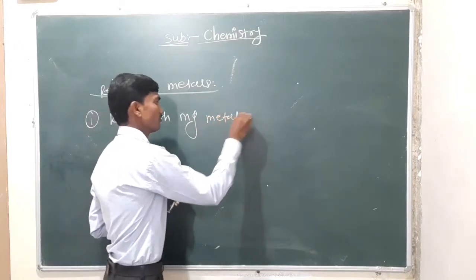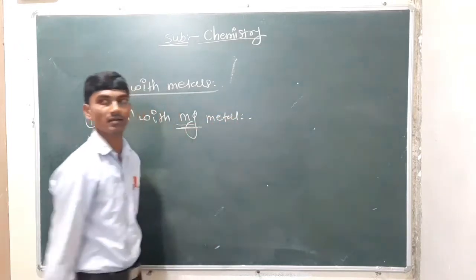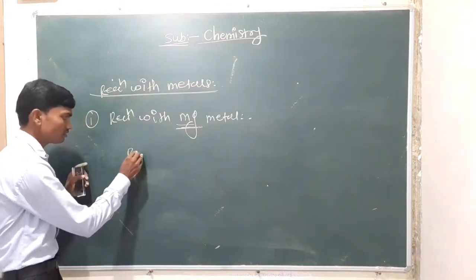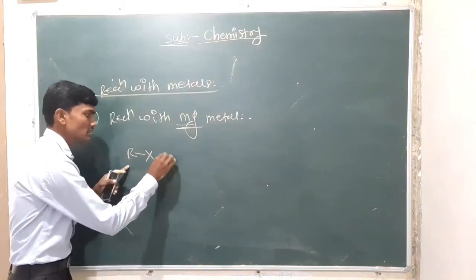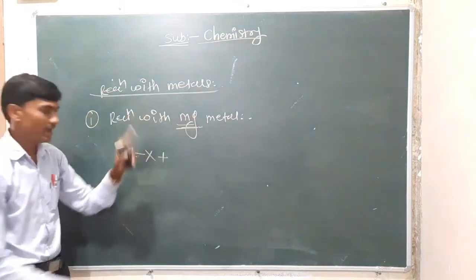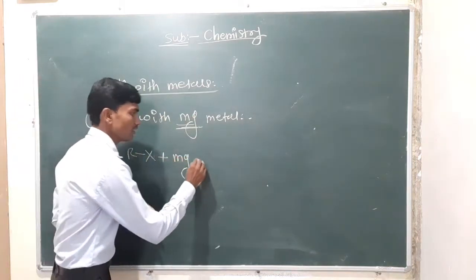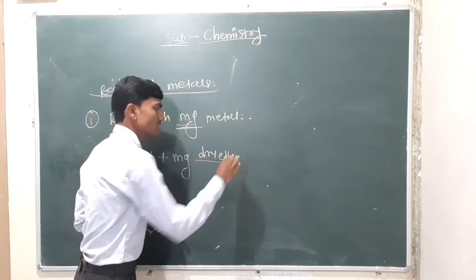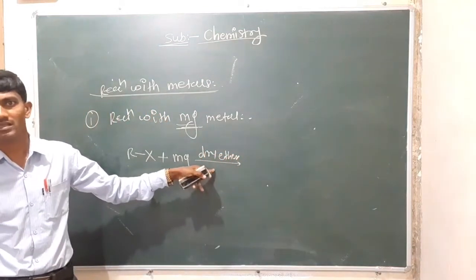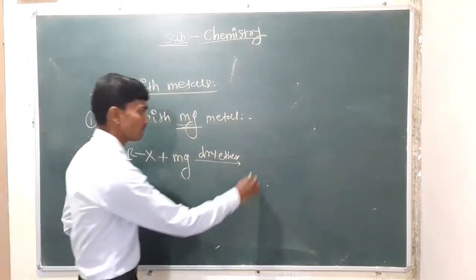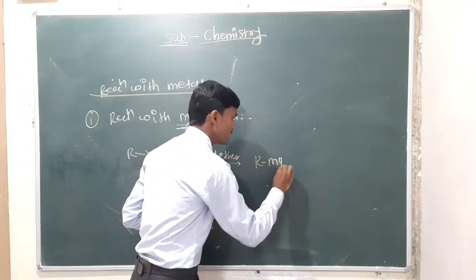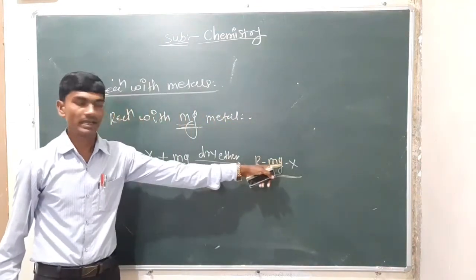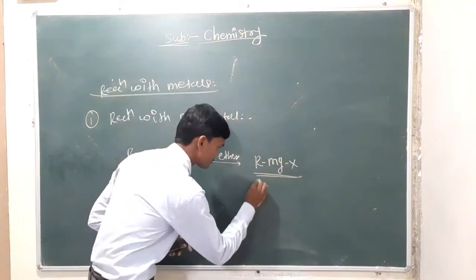When alkyl halides react with magnesium metal in the presence of dry ether as a solvent, they form alkyl magnesium halides.